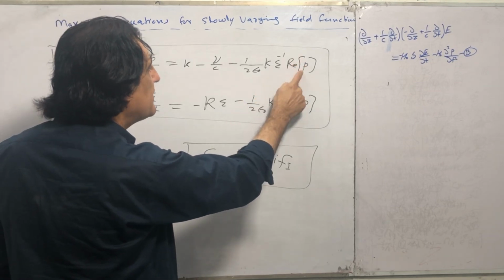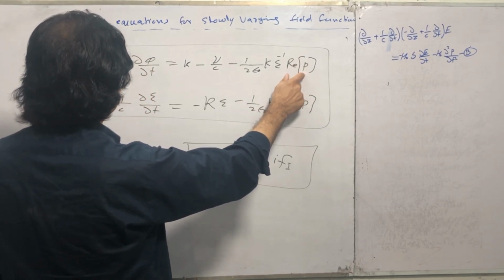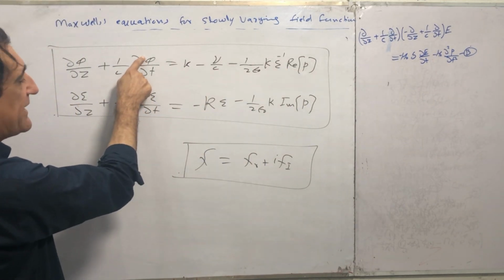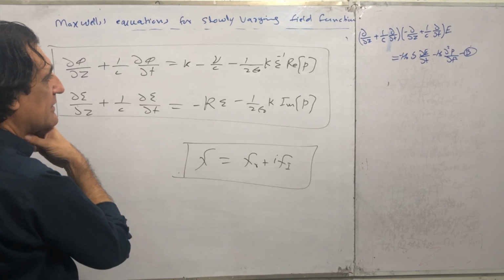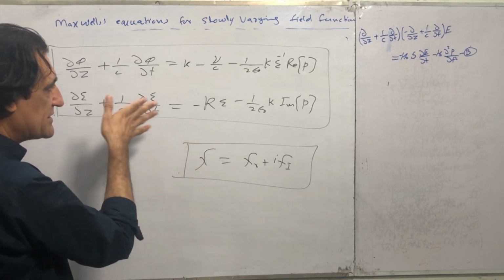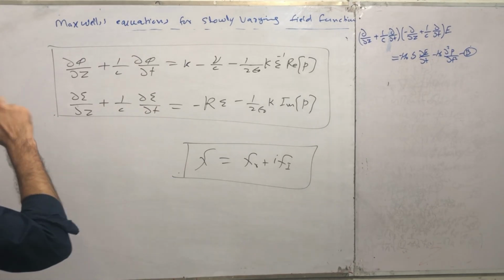Now here the real part of this polarization is directly related to the phase. So if you take the dispersion, the dispersion means you can directly relate to the phase.